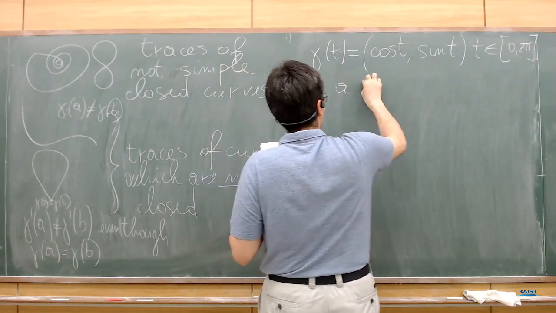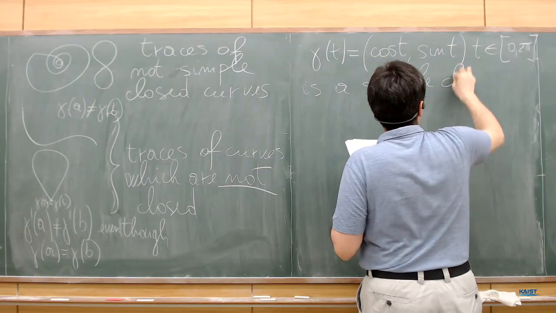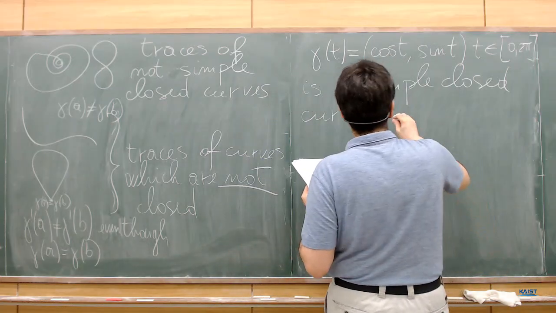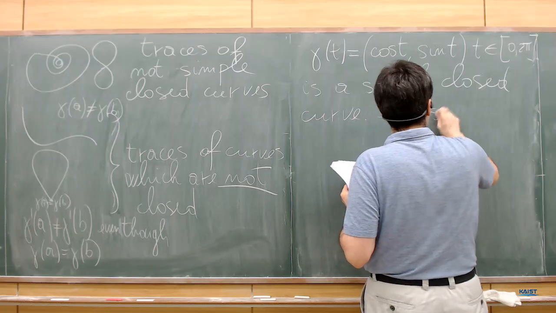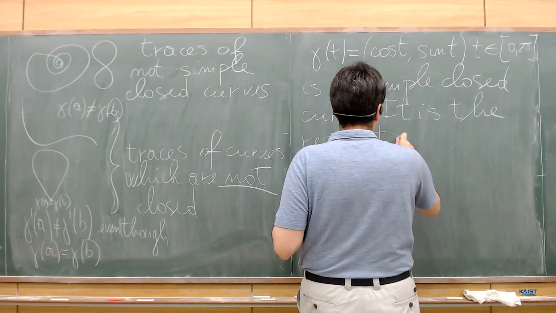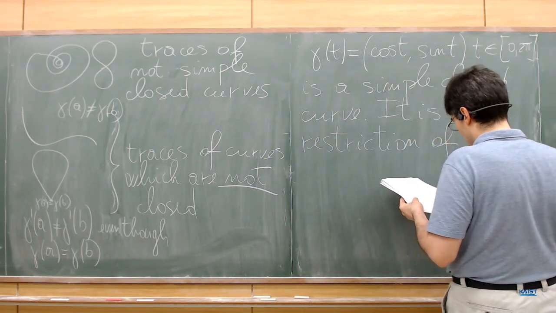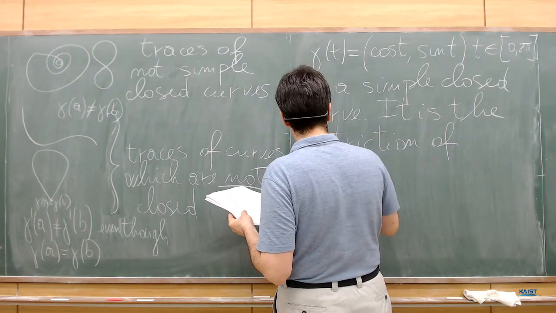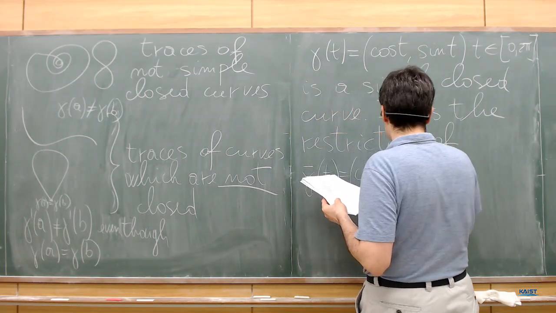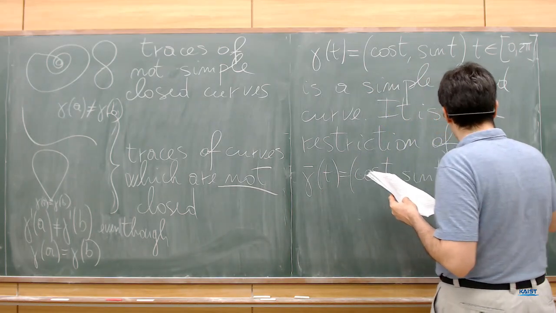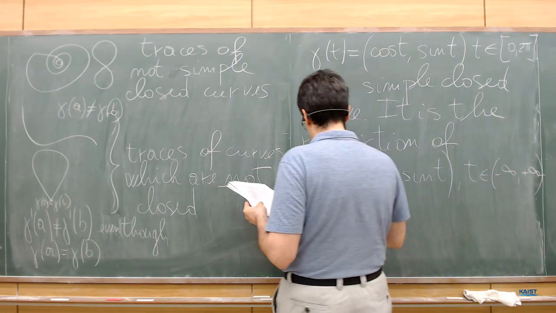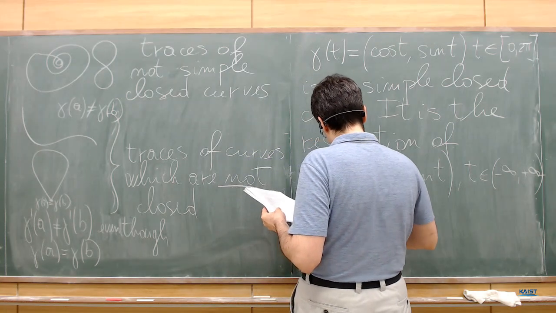It is a simple closed curve, and it is a restriction of another curve, let's say gamma bar of t equal cosinus of t, sinus of t with t in minus infinity to plus infinity, to [0, pi].